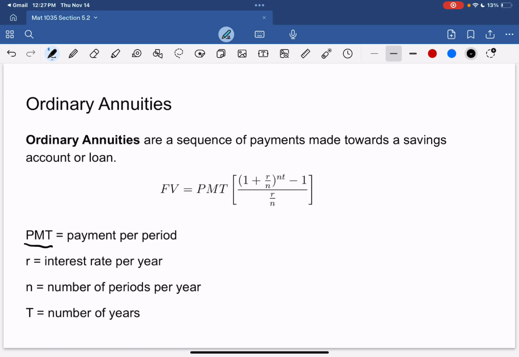Just to make a note, the number of payment periods and the number of compounding periods will match. So if it compounds 12 times a year, then we will make 12 payments a year, and so on. And then T represents the number of years. So this is the formula to find the future value when we are making ordinary payments or annuities.